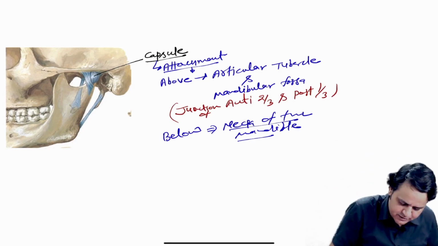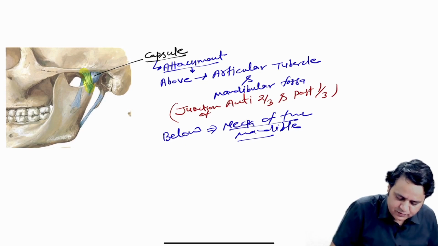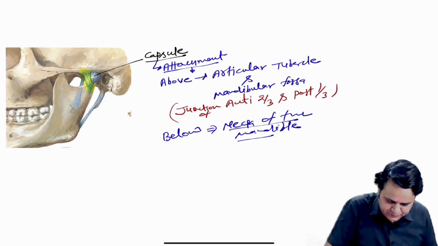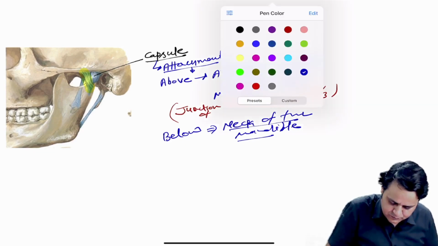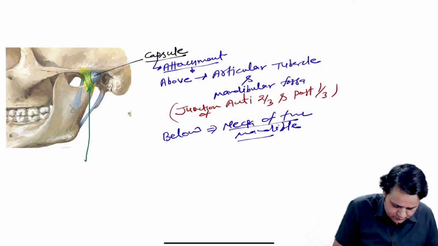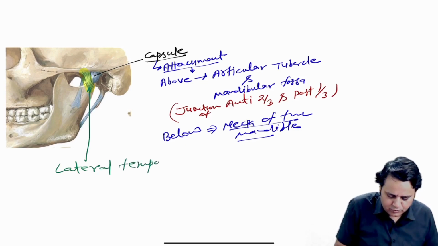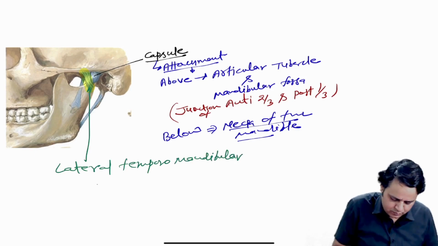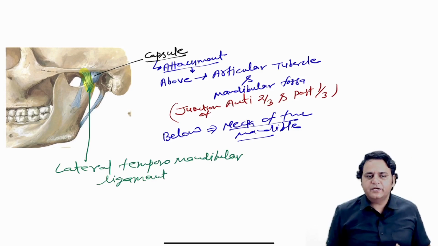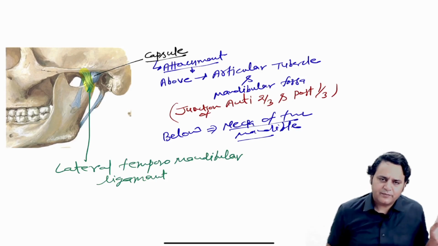Now the next structure we want to see is this one. This is the lateral temporomandibular ligament. We can also simply call it the lateral ligament.